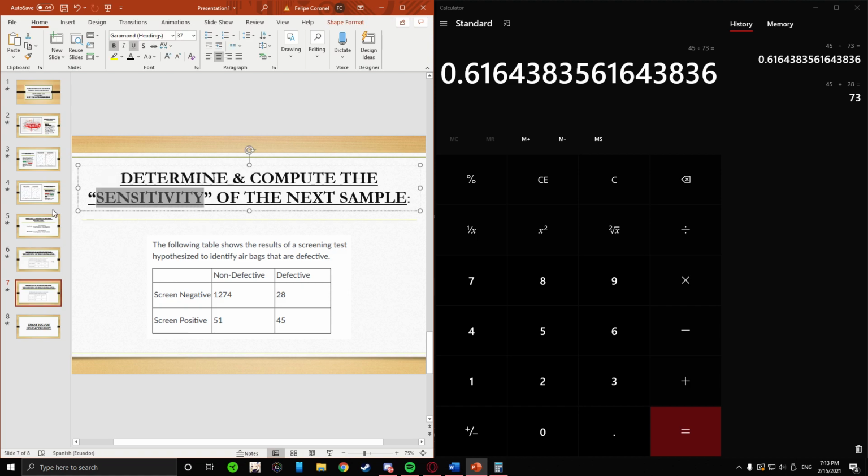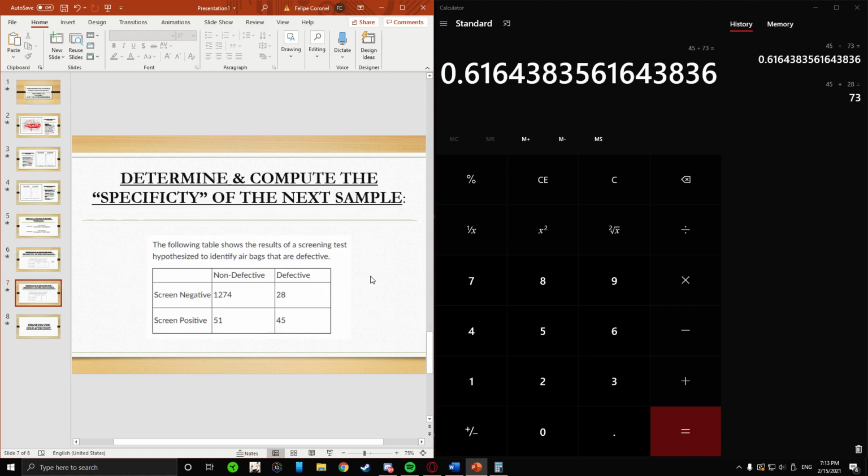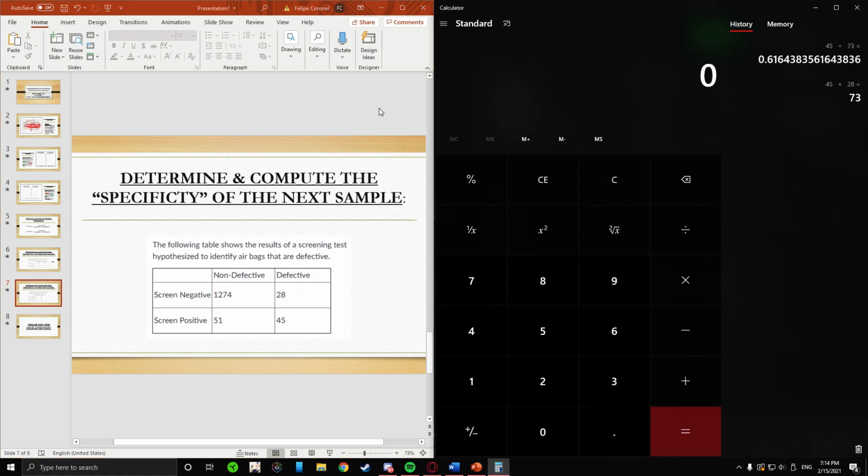I also saw that this is wrong. Alright, so for this one, we have the true negatives over the true negatives plus the false positives. The true negatives are 1,274. You see negative, and that's over 1,274 plus 51, which are the false positives.